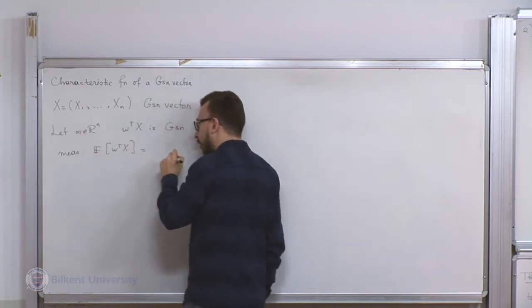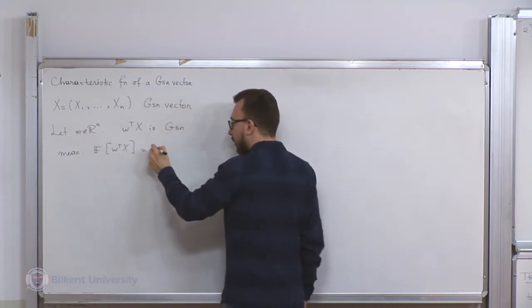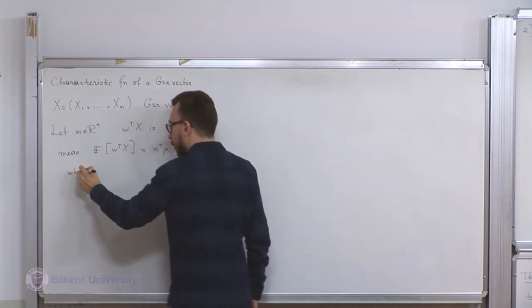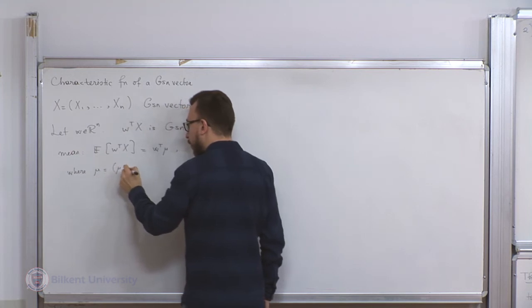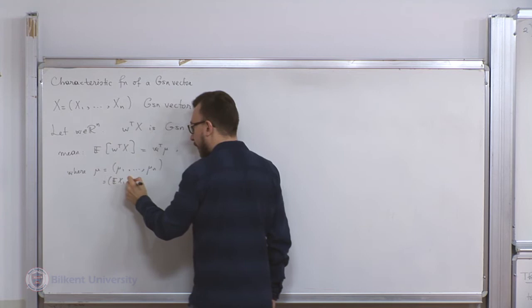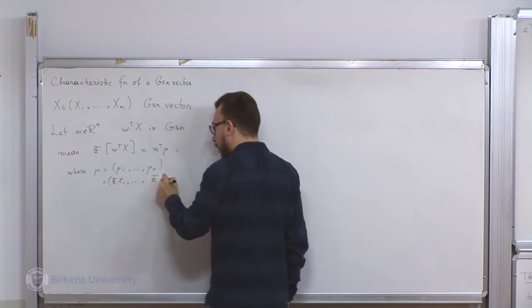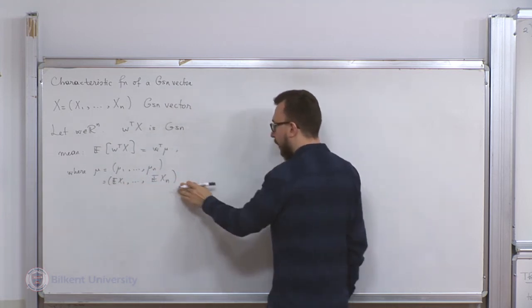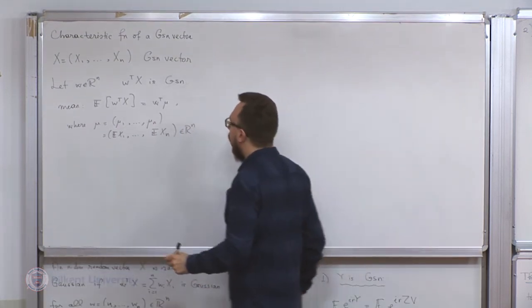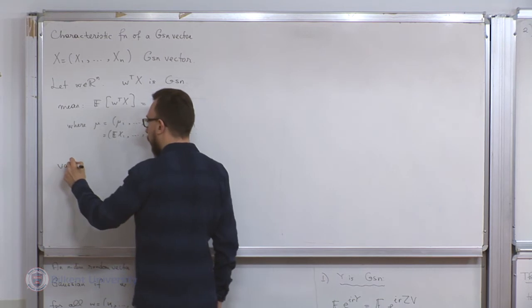By a homework exercise, this is W transpose mu, where mu is mu1 to mu n, the mean vector of this Gaussian vector. How about the variance?